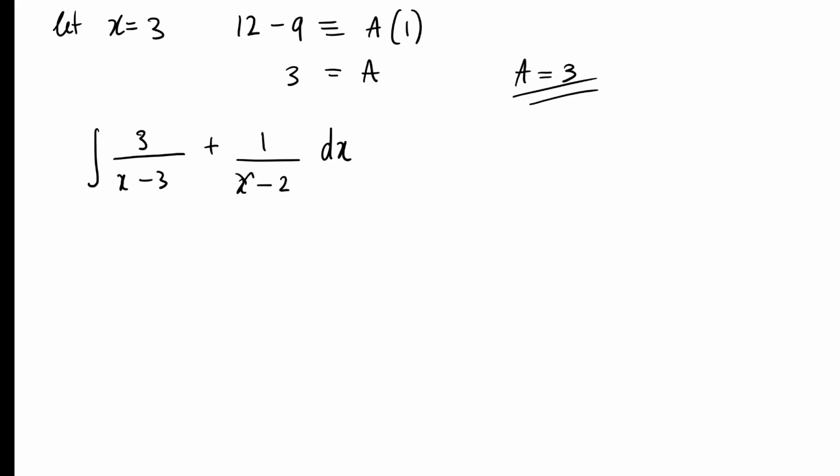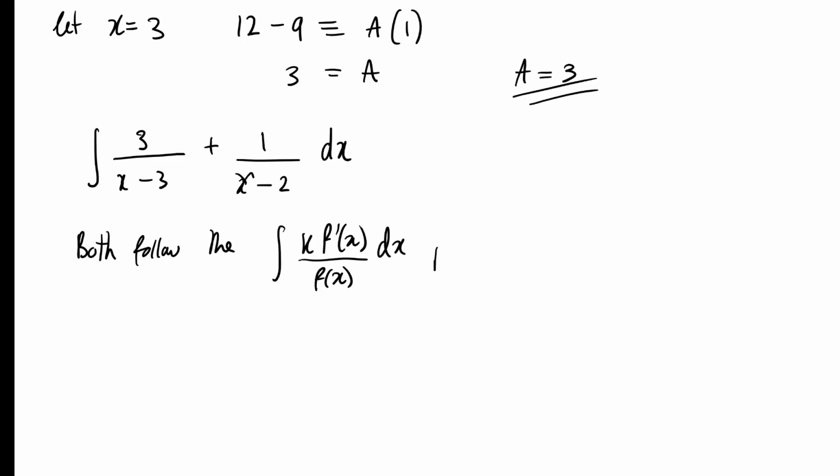These follow the k f dash x over f of x pattern discussed in the first video. So both follow the k f dash x over f x dx pattern in video 1.